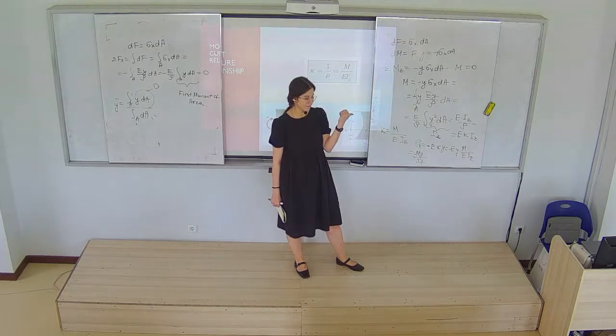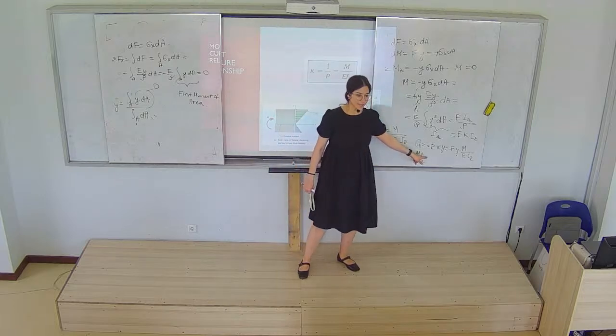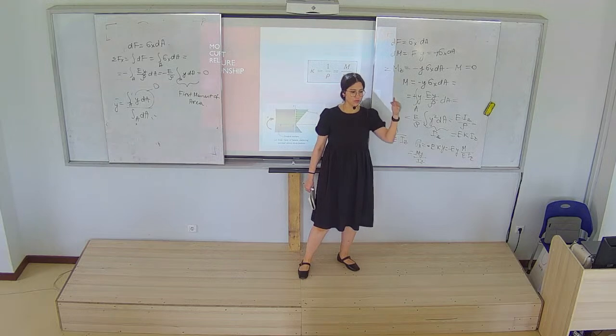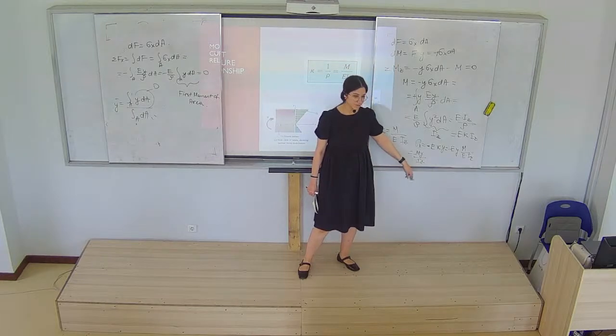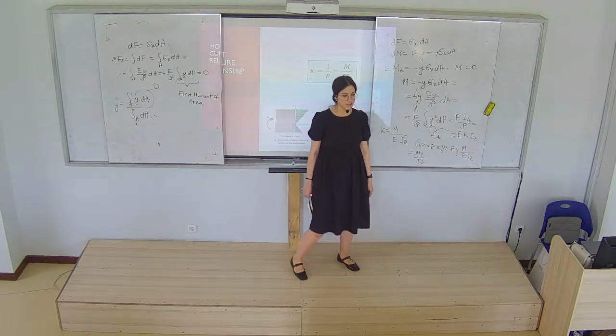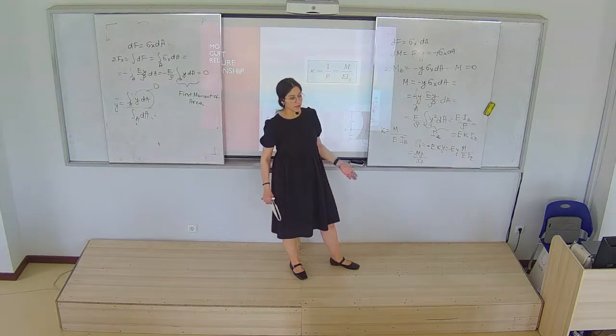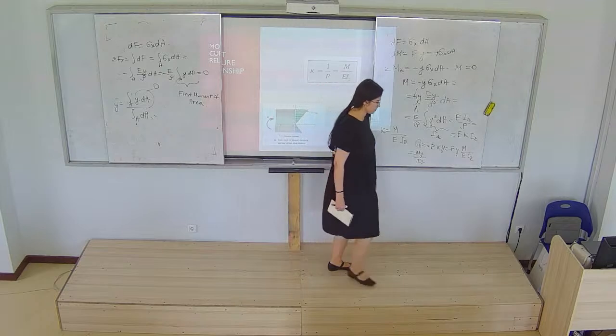What was y? y is the distance from the neutral axis to the top or to the bottom. It depends on our question. And Iz we will calculate. If it's a rectangle shape, we will calculate it for a rectangle. That's it.